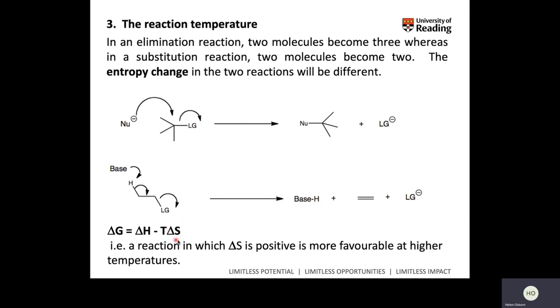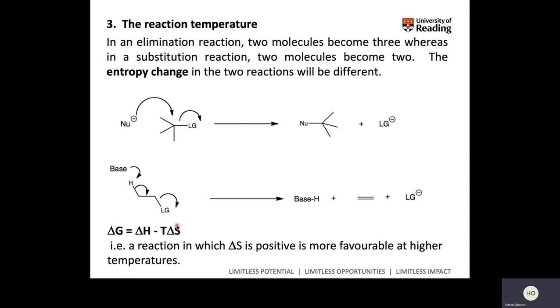So if we were to have a given entropy change, and if we were to multiply it by a high temperature, then the bigger the entropy change multiplied by the higher temperature is going to give us a larger T delta S component, and because that's negative in this equation, the larger this is, the more negative delta G will be, and the more negative delta G, the more favoured the reaction. So by altering the temperature, we can make this a significant factor in the Gibbs free energy equation. The temperature is multiplied by the change in entropy.